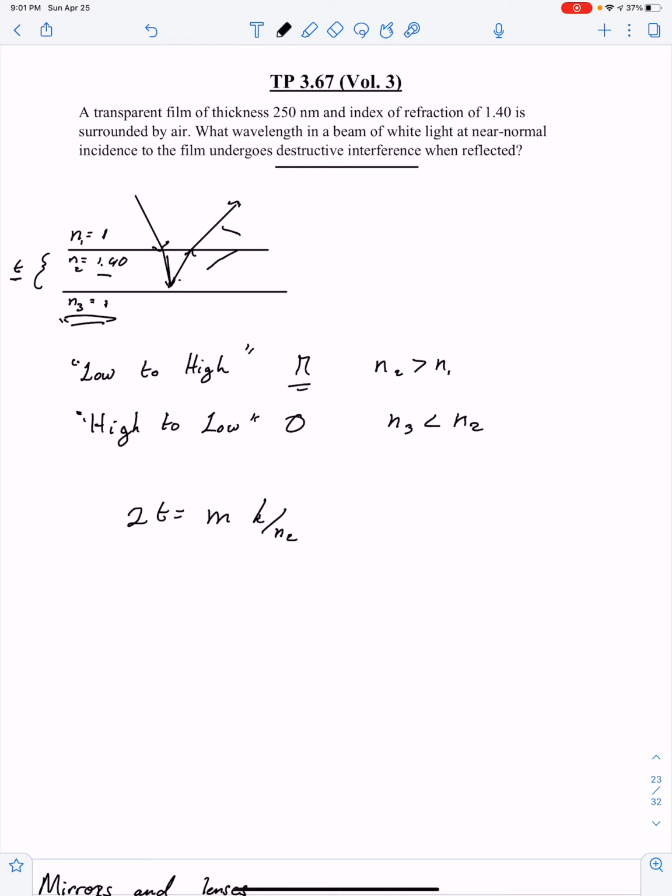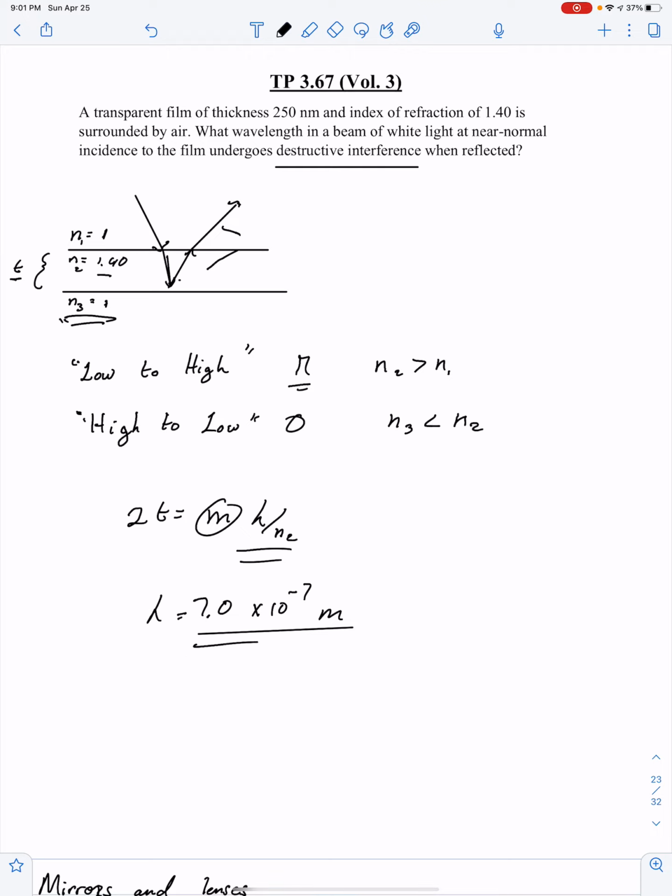And it's asking us what wavelength in a beam of light. So we have to find the wavelength, because we already have the thickness. And it is just one. We're going through just one maxima. One layer. So it is equal to 7.0 times 10 to the negative 7 meters, because that is the lambda.